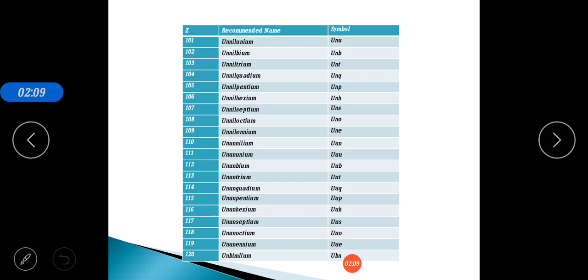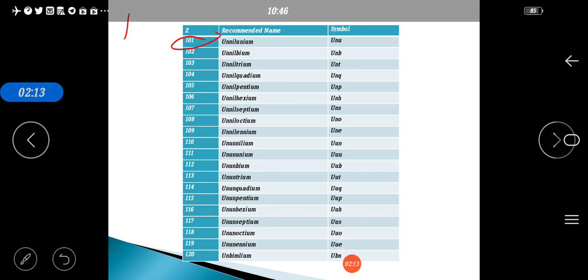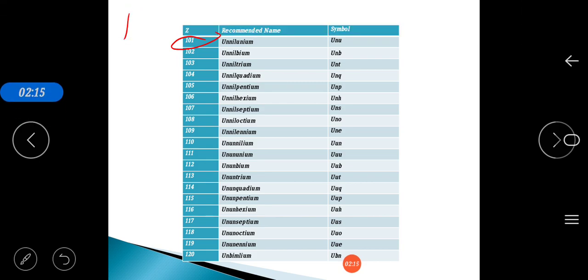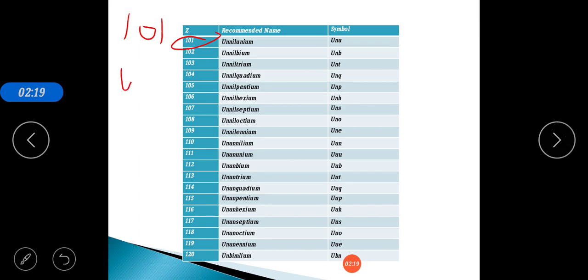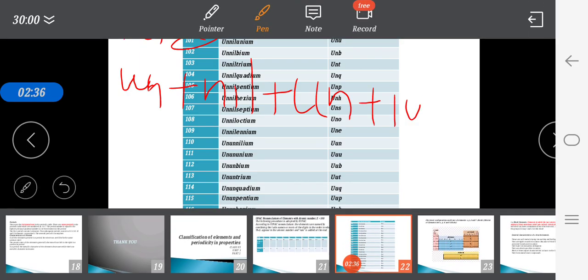Now we take the example of 101. For 1 it is un, plus for 0 it is nil, for 1 it is un, and we add -ium at the end.